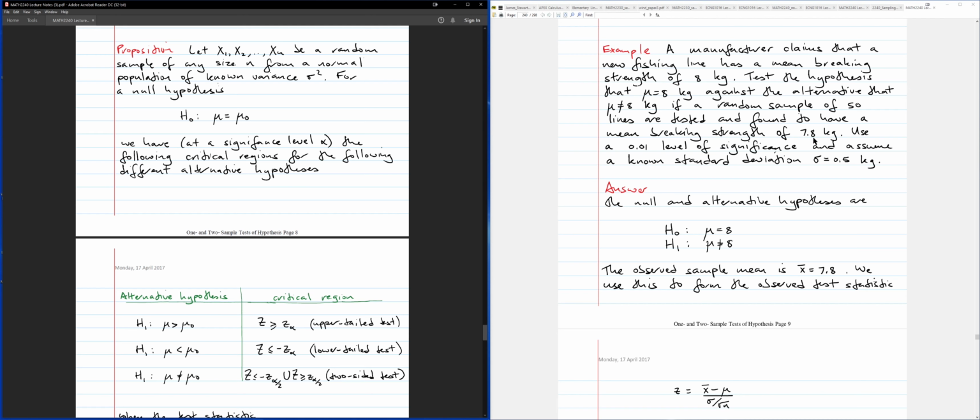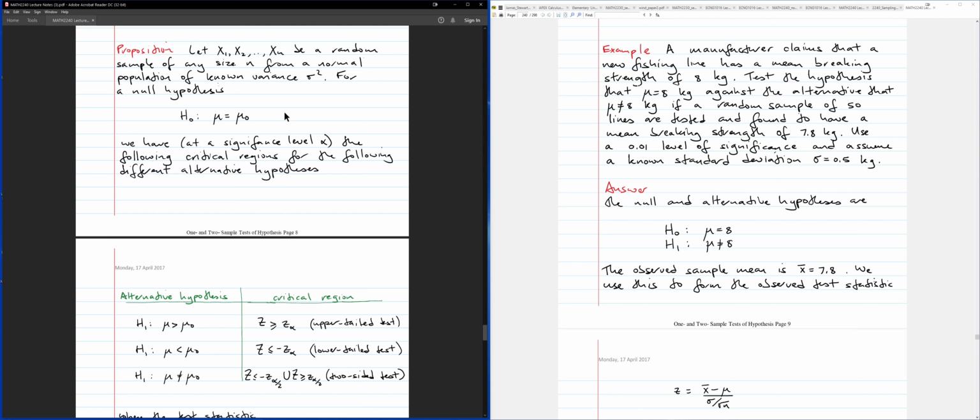So we want to test the hypothesis H0, which is mu equal to 8, against the alternative hypothesis H1, which is mu not equal to 8. Notice that this is two-sided. You're given the observed sample mean, so the small x bar is equal to 7.8.